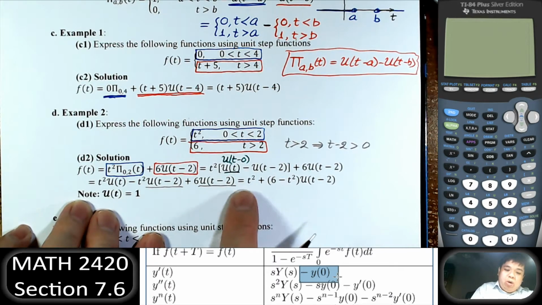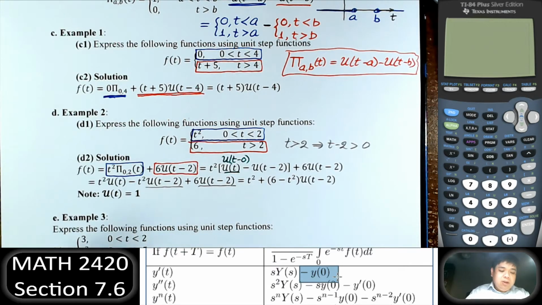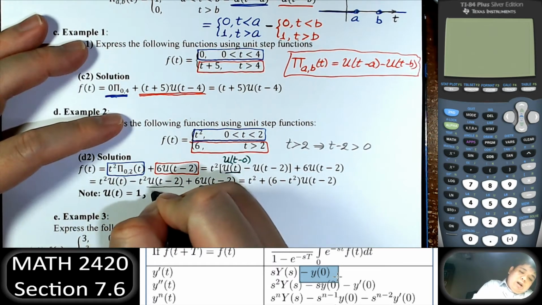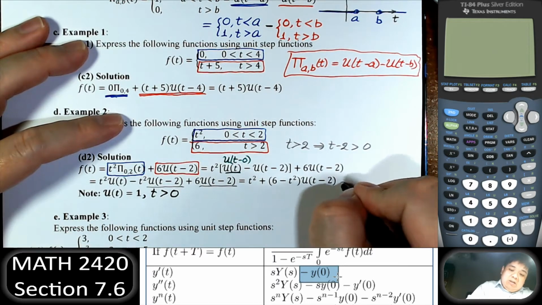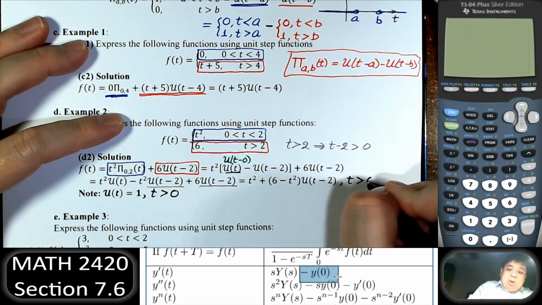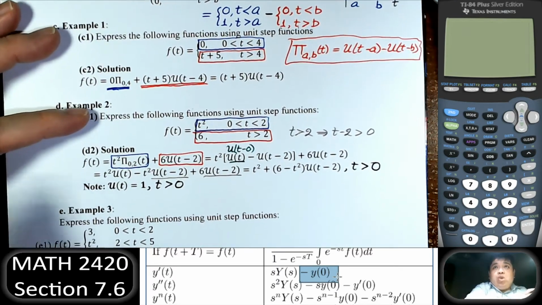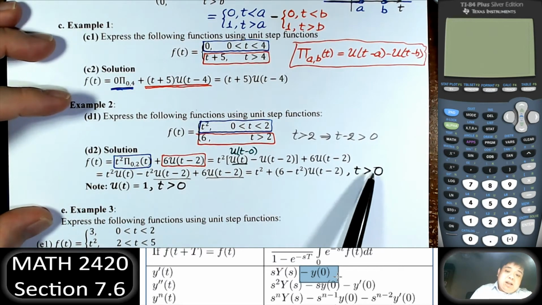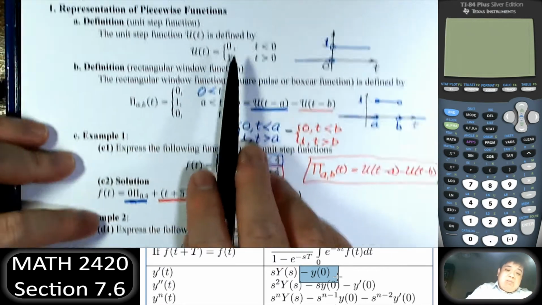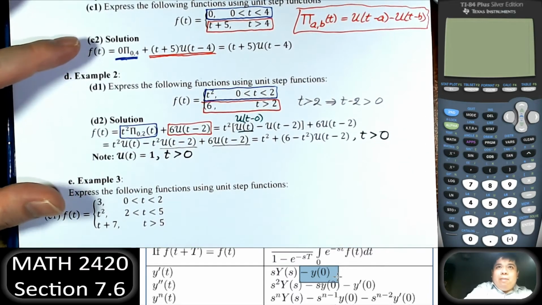By the way, why do we write it here without the u of t? Because u of t is equal to 1 when t is greater than 0. As mentioned before, for this function we only worry about when t is greater than 0, because after we write the function like this, we use the Laplace transform right after that. So in that case, we really don't worry what happens on the left of 0, because on the left of 0 the function is equal to 0.